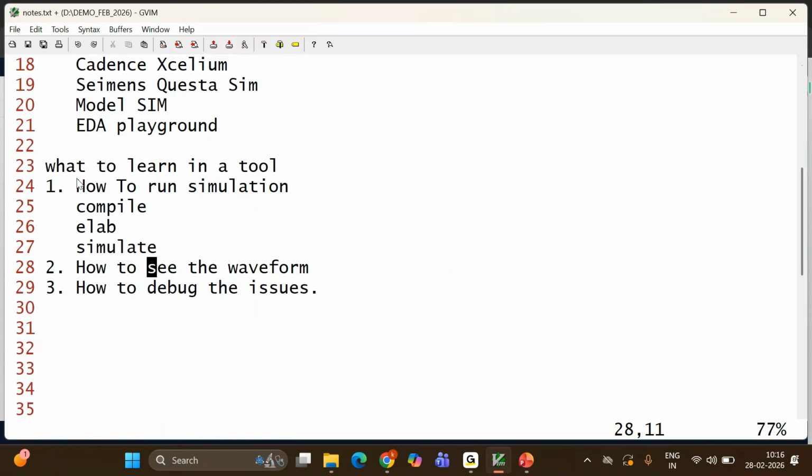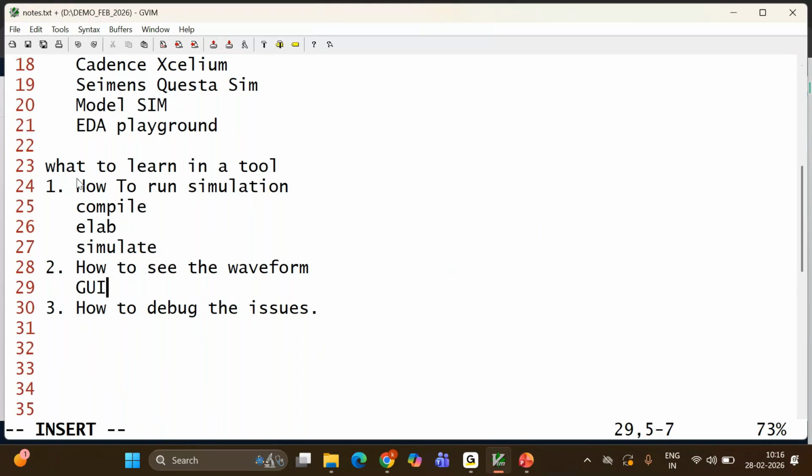To see the waveform, we use the GUI, the graphical user interface of the tool. We open the tool and see the waveform. To debug, same thing, we use the GUI. We open the tool, see the issue in the waveform, and debug that issue. Getting my point?